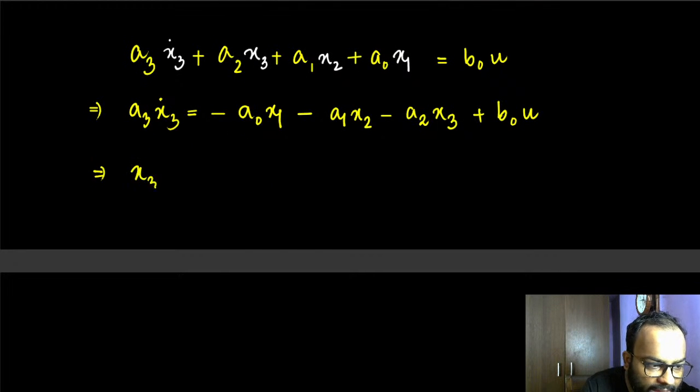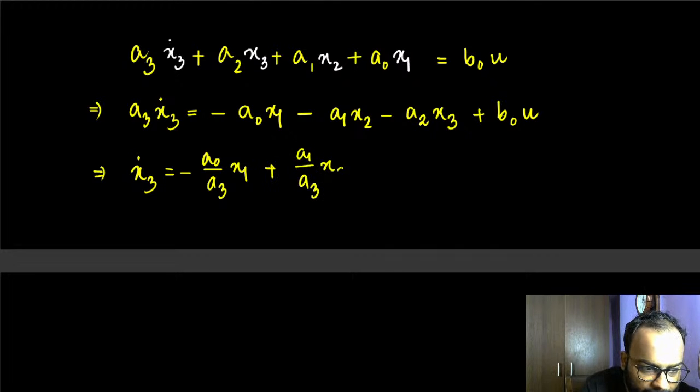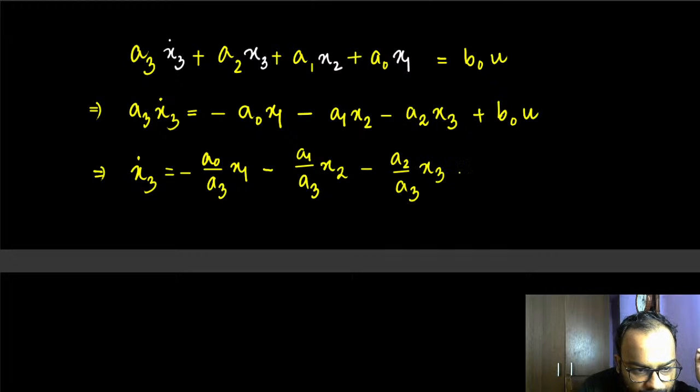So I'm going to have x3 dot equals minus a0 by a3 x1 minus a1 by a3 x2 minus a2 by a3 x3 plus b0 by a3 u.